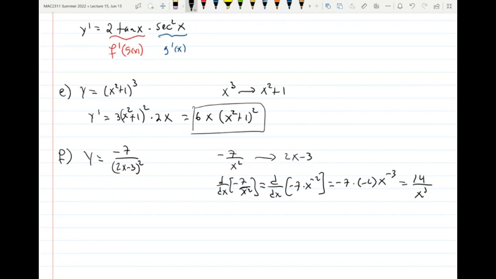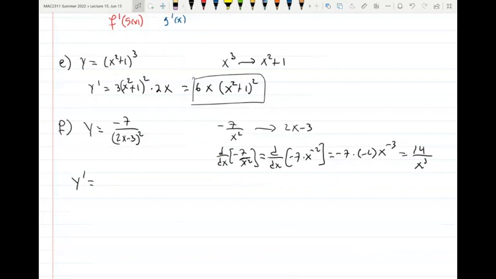Okay, so with this at hand, we are ready to find y prime. The derivative of the outside is 14 over x cubed, but then we have to plug in the inside, 2x minus 3. So that would be 14 over 2x minus 3 cubed, and times the derivative of the inside, times 2.